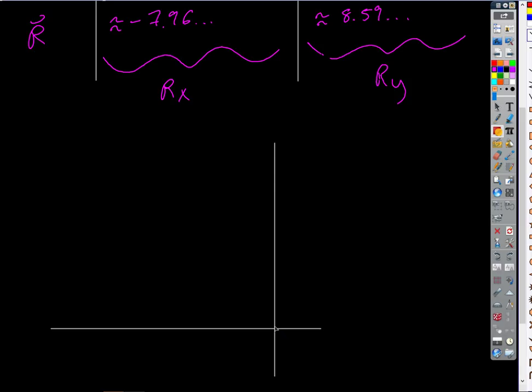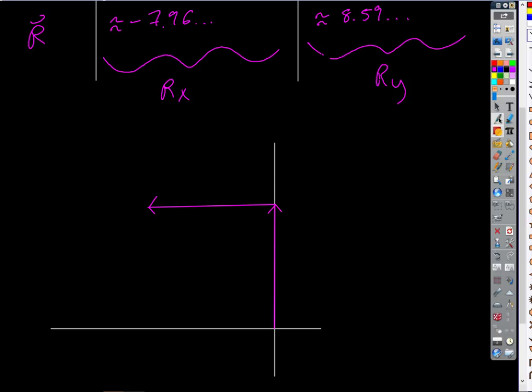Our resultant's going to be in this quadrant. Let's go ahead and use the upper of the two angles as theta. And you'll see why. It's not a big deal. Either way would work. So let's start with the y component. And let's add to that the x component. Doesn't have to be drawn to scale at all.